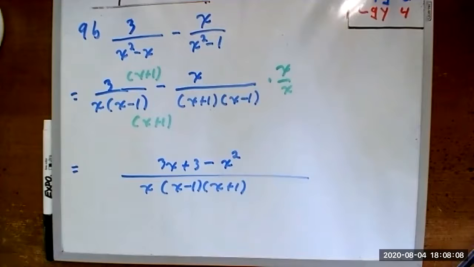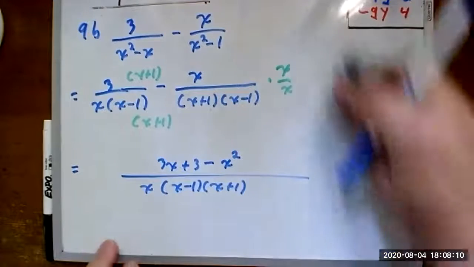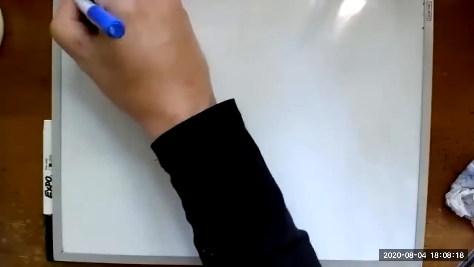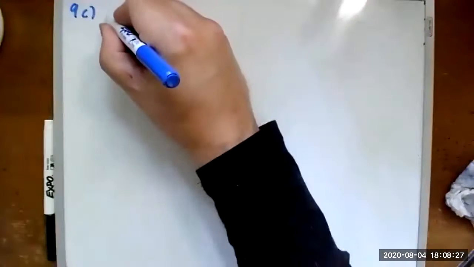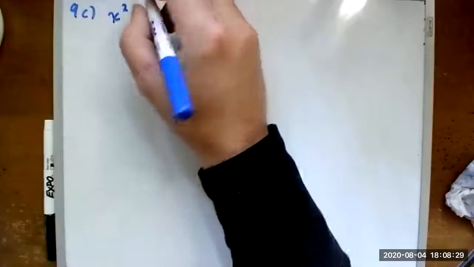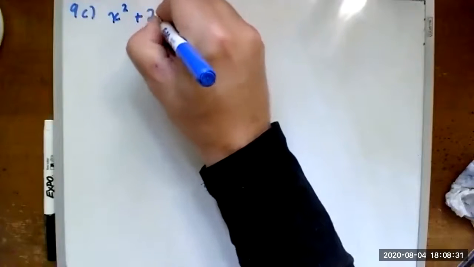Moving on to question C, which is going to take up much more space. Unfortunately, I'm going to have to get rid of this for a minute. Okay, so this is 9C. Let's make sure I'm on the camera here.